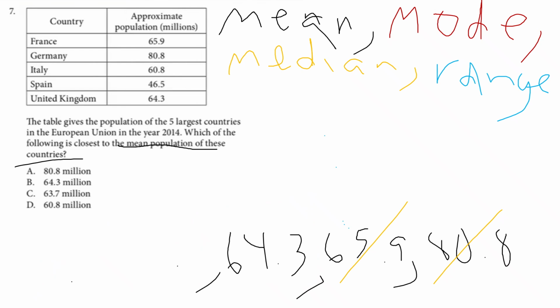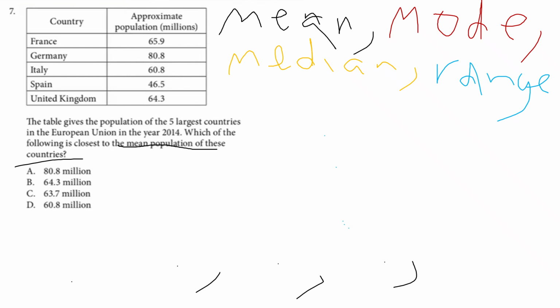So we found out what our median is, we found out what our mode is, we found out what the range is. So now we're going to calculate the mean. So the mean is pretty much the average. And to calculate the average, you have to add up all of the numbers and then divide them by the total. So we have a total of 5 numbers.